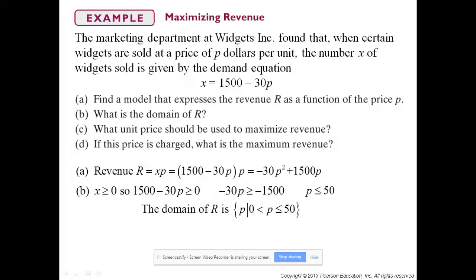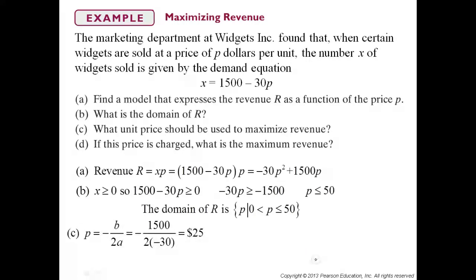How do we find the X value of a vertex? Negative B over 2A. So here's our quadratic right here. Negative 30p squared plus 1,500p. Okay, that's our quadratic. To find the price that's at the maximum revenue, we take negative 1,500 divided by 2 times negative 30. $25.